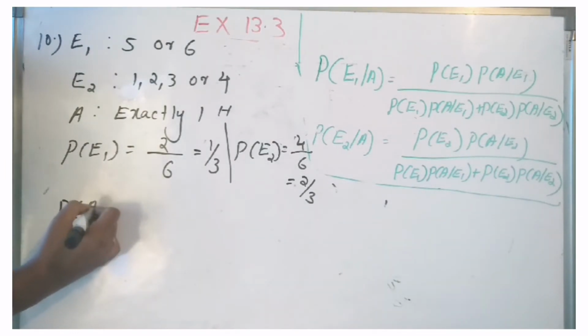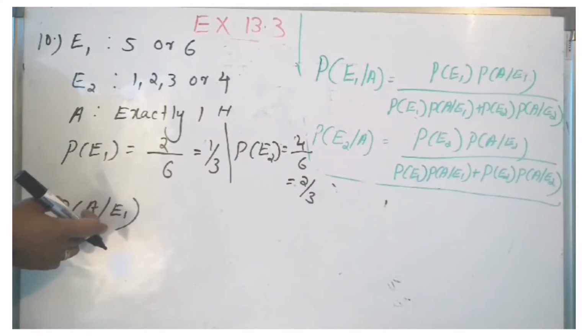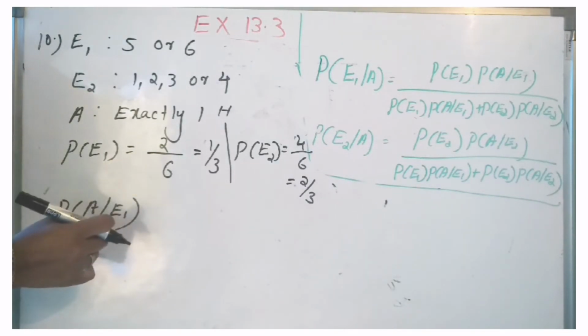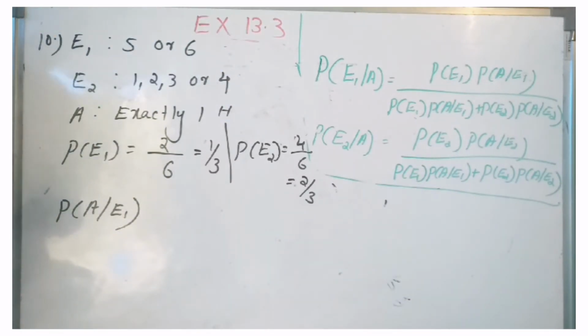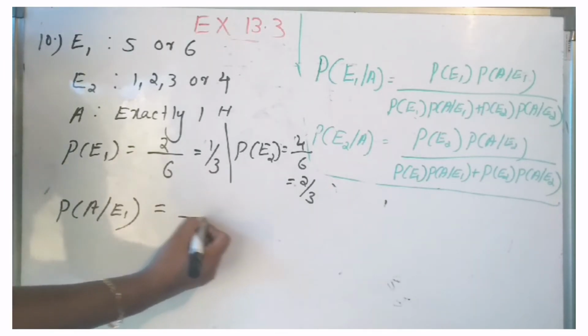Now P of A given E1. It is given in the question, if she gets 5 or 6, she tosses a coin 3 times. So P of A given E1 means we need to get exactly one head after the occurrence of 5 or 6. The total number of outcomes in that case is 8.